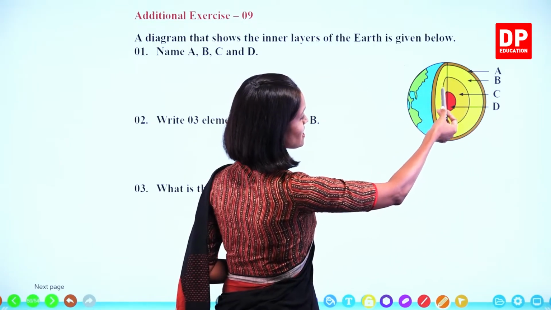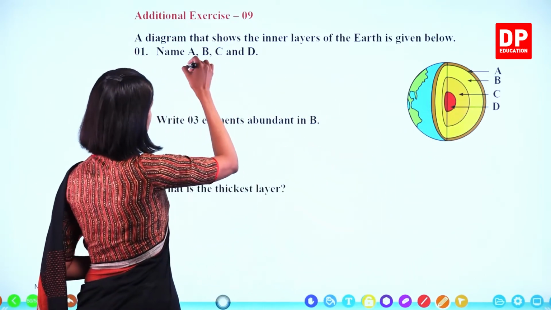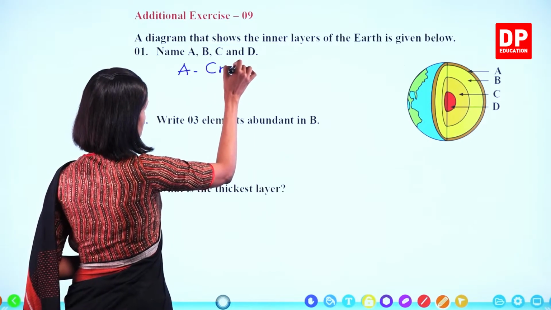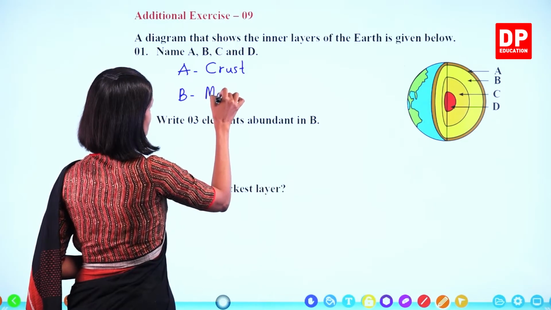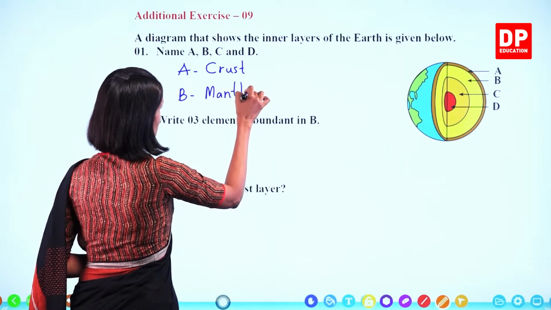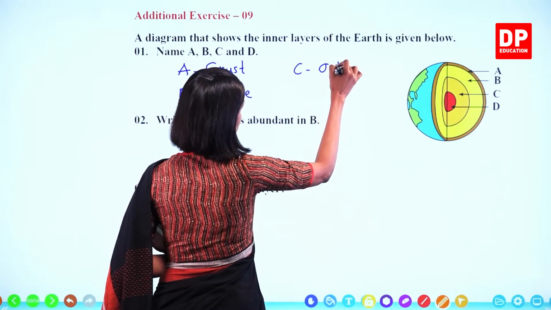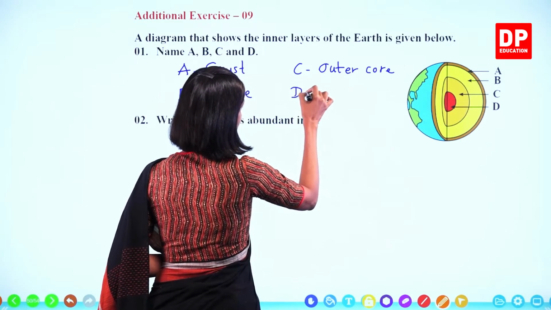C is outer core, D is inner core. Let's write: A, crust. B, mantle. C, outer core. D, inner core.